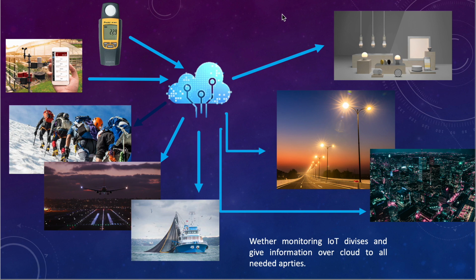Then we talked about how this real-time weather information can be shared with other domains, maybe people who are going on remote traveling, hiking, things like that, airports, people who are going fishing, and so on. So different domains can use the same data.